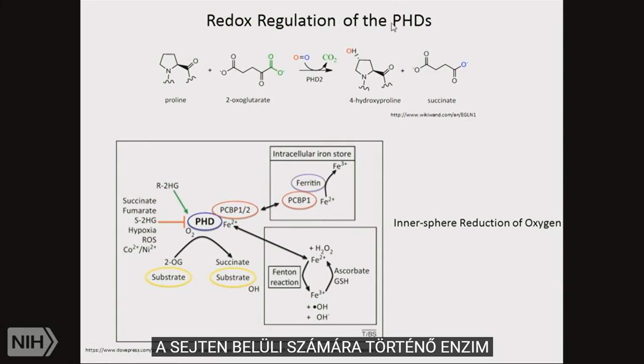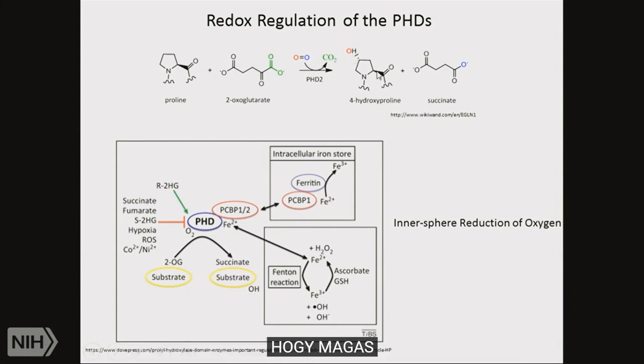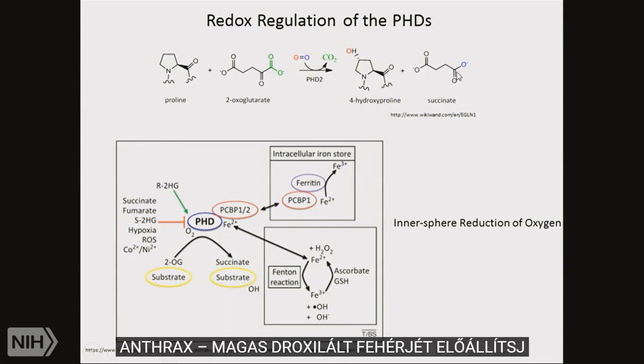One of the most important ones are the PHDs, which I know Dave Wink talked to you about. These are the prolyl hydroxylases. So the prolyl hydroxylases use oxoglutarate, which is alpha-ketoglutarate, and they use that in their enzymatic activity with molecular oxygen to produce hydroxylated proline on proteins, and the byproduct is succinate.